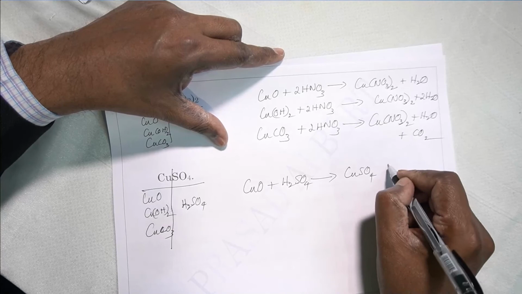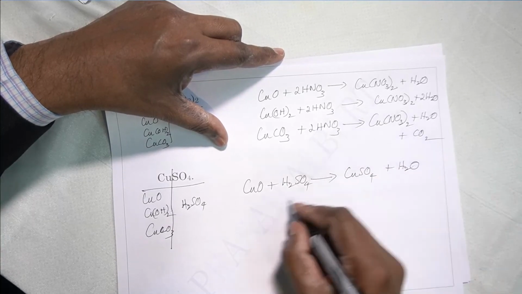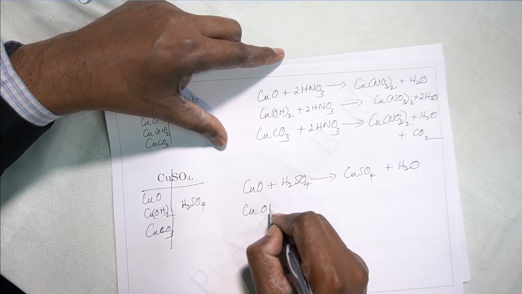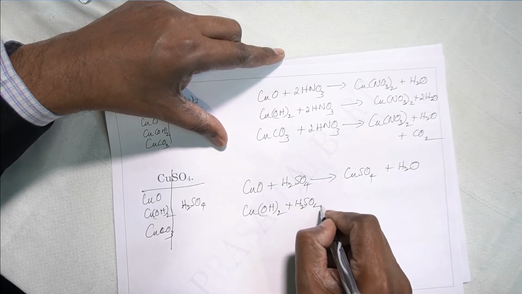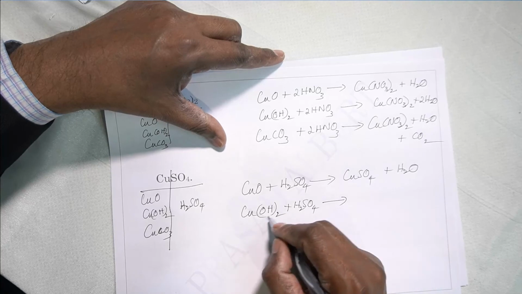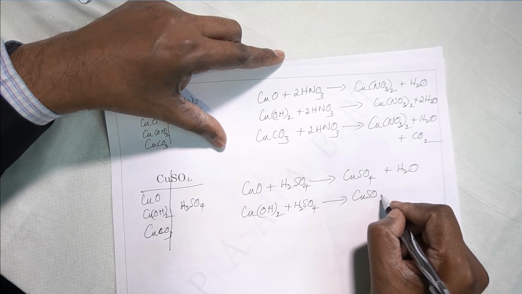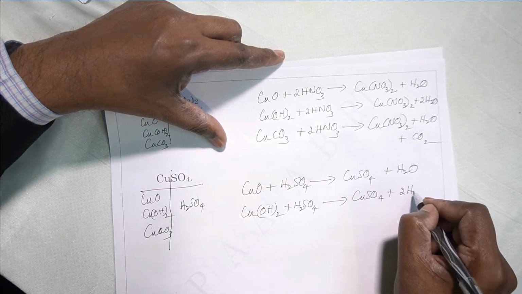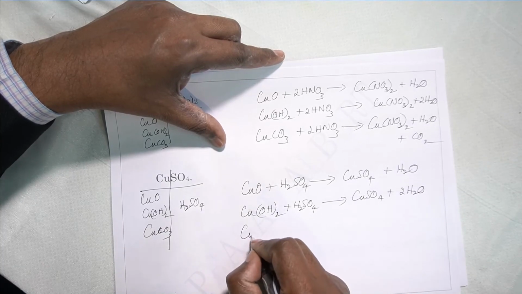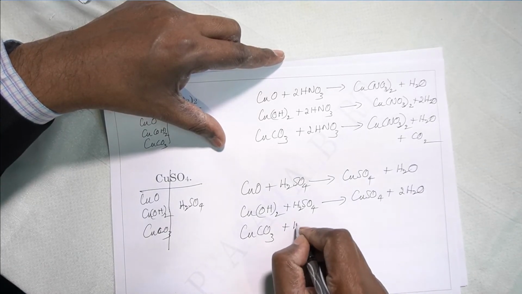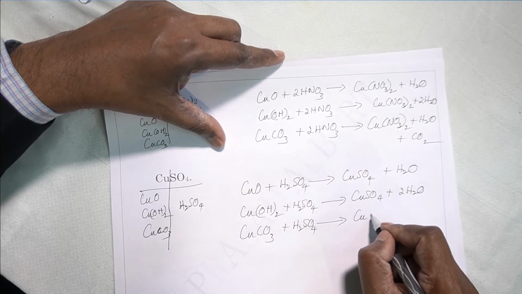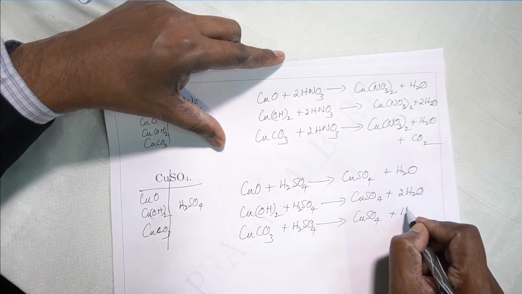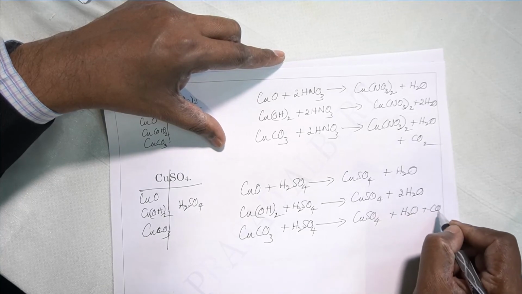CuSO4, copper sulfate, plus H2O, water, and Cu(OH)2 plus H2SO4, sulfuric acid. Here you have 2 OH groups, so copper sulfate plus 2 molecules of water, 2H2O. Then we take the carbonate plus acid, H2SO4, salt plus water plus carbon dioxide. So you have CuSO4 salt plus water H2O plus carbon dioxide CO2.